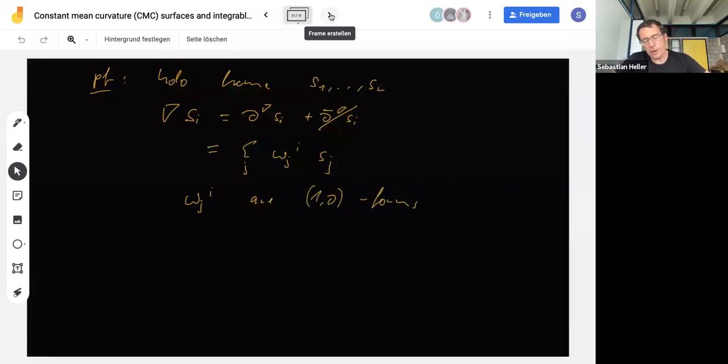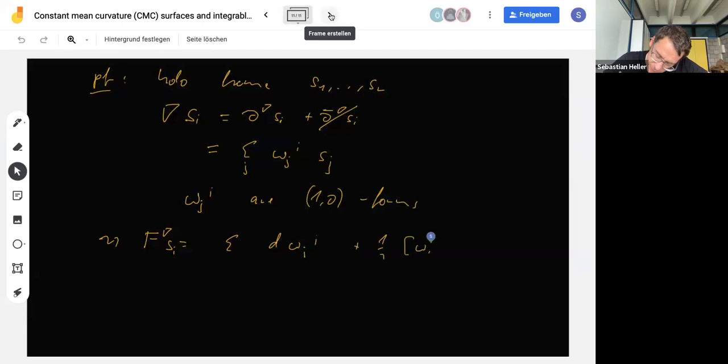And on a Riemann surface, the wedge of 1,0 forms is automatically 0. So this means that the curvature, which is usually given by a sum over d applied to the section s_i, d omega_ji, and then I need a wedge, but because both forms are 1,0, this wedge part automatically vanishes.